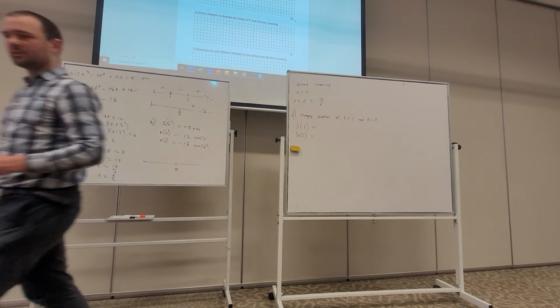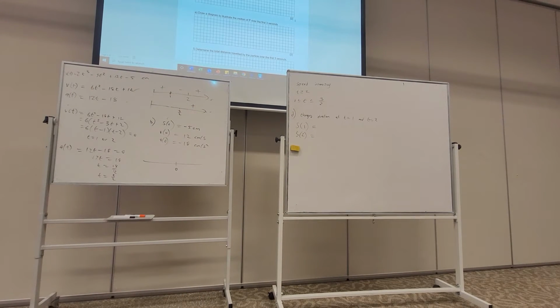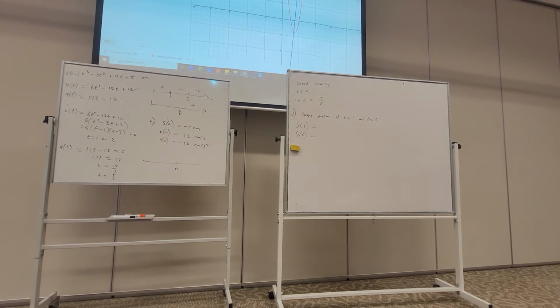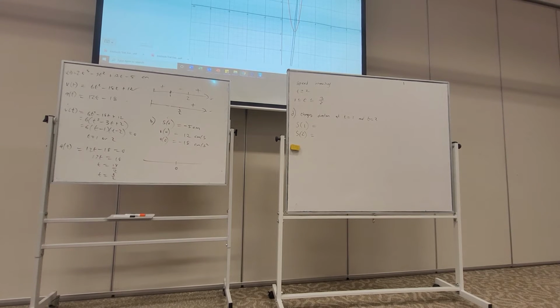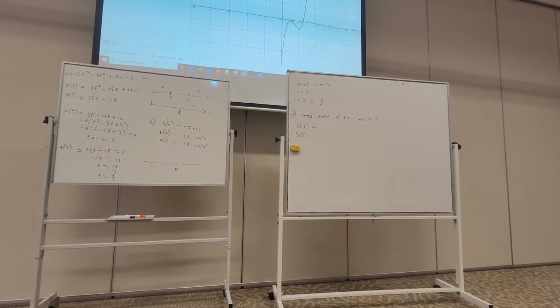This is where it is helpful to have graphed the function, so you can just g-solve those values. The initial function we've got is 2x to the power of 3, take 9x squared, plus 12x, take 5. There you go. I'm going to turn the others off. I'm interested in the displacement when time is 1 and time is 2.